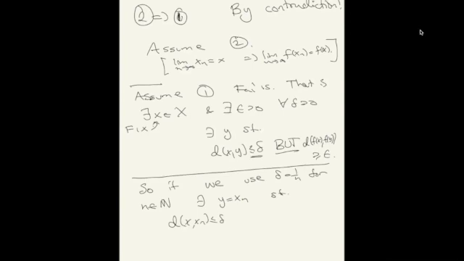So for every delta choosing such, we can find an xn like that and choose one of them. But distance fx to fxn is bigger than or equal to epsilon. And delta here is 1 over n.